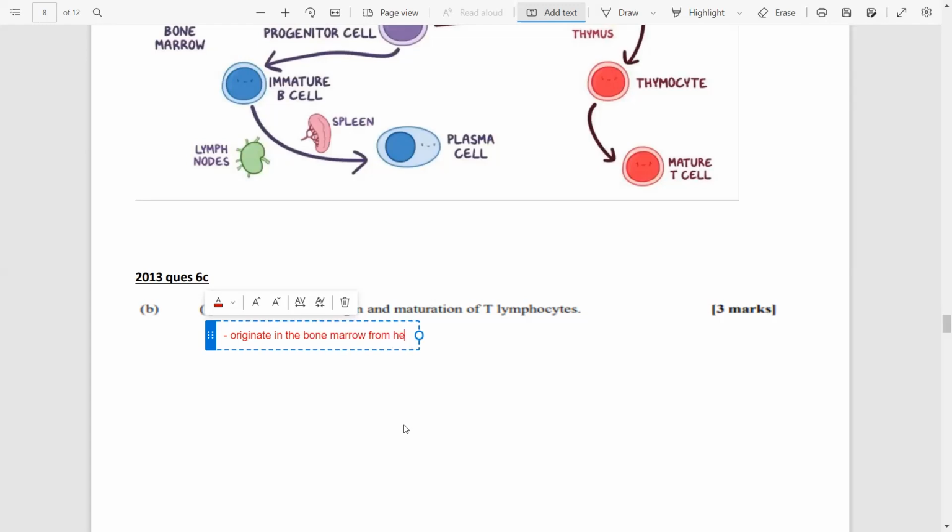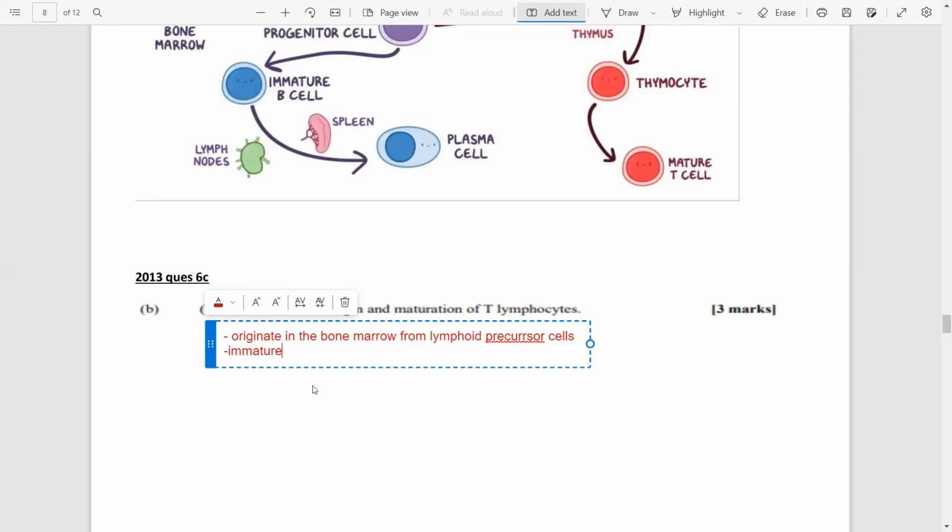From hematopoietic, well, from lymphoid progenitor cells, precursor cells, then immature T cells go to the thymus for maturation.